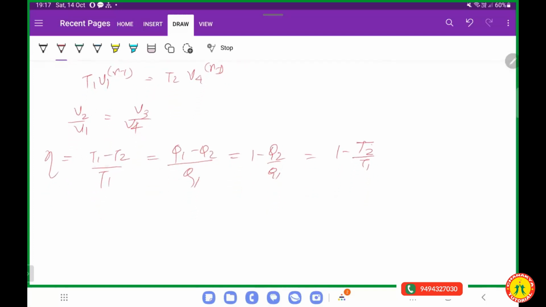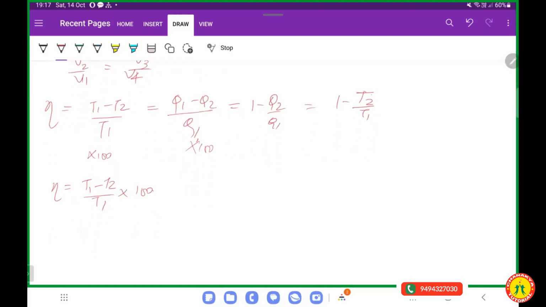If you multiply by 100, it will give you efficiency in percentage. So efficiency will not be 100%.